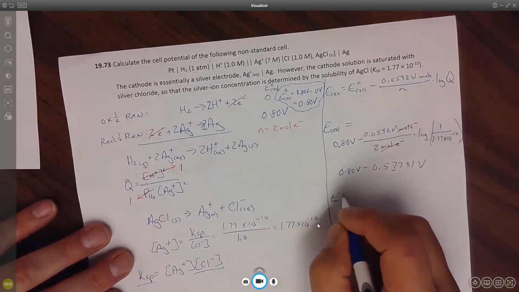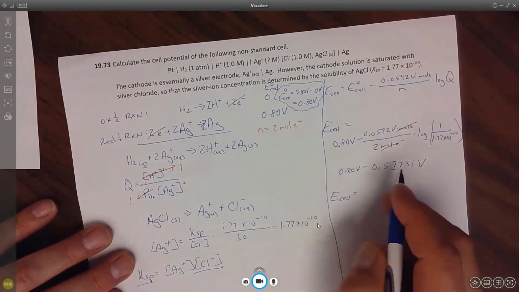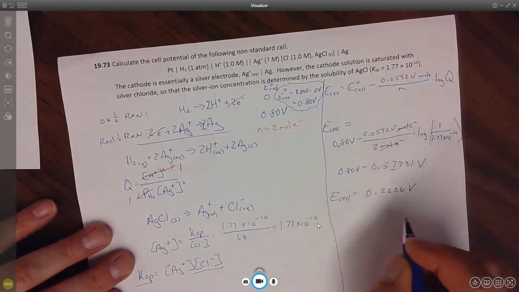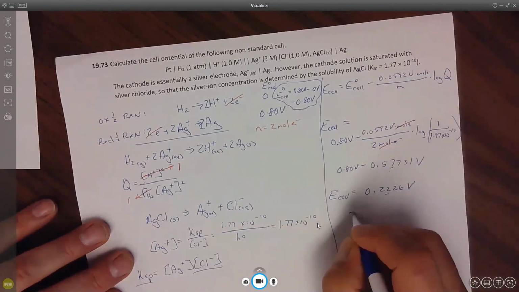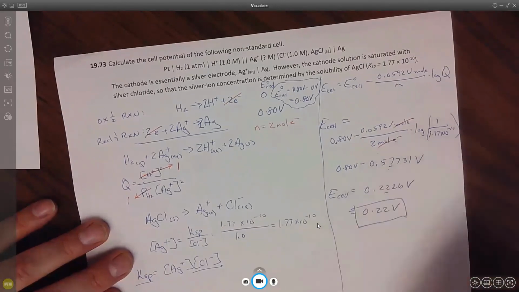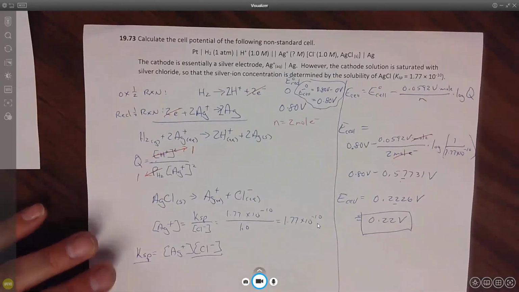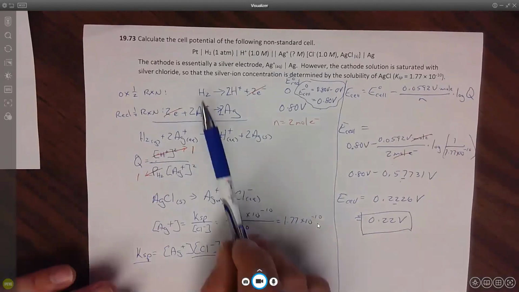So E cell then is going to equal the 0.8 minus the 0.57, or 0.2226 volts. 2 sig figs, 2 passed, 2 passed. So 0.22 volts. So that is the actual cell potential of this galvanic cell under these conditions.